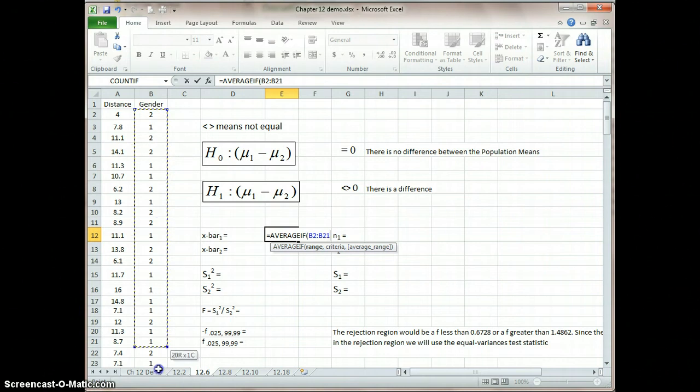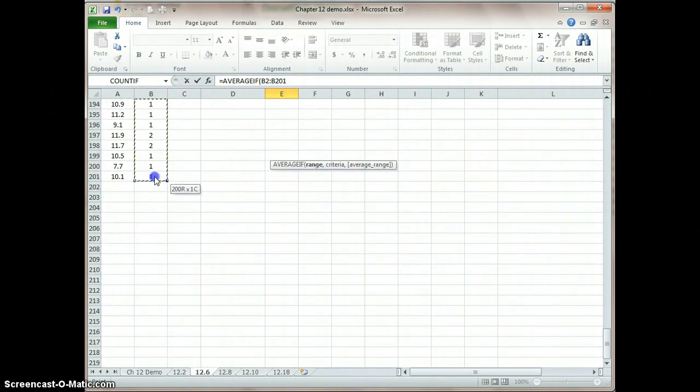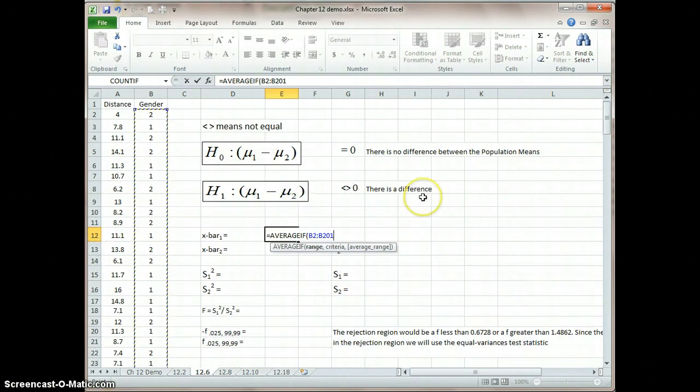The range is going to be from B2 to B201. And the criteria will be 1, and then the average range, or what we're trying to average, will be over here in column A.